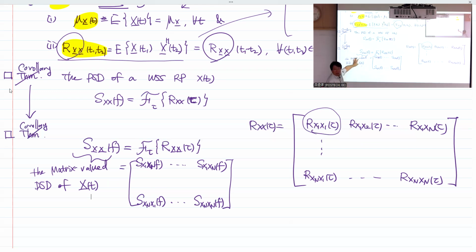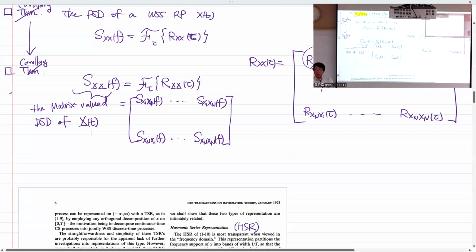I was shocked when I saw a graduate master-level textbook in control. They talk about this wide-sense stationary vector random process. And students are very well educated, but almost every student in other electrical engineering areas just does not put these jointly wide-sense stationary random processes into a vector form and never thinks about this extension. That's a pity.